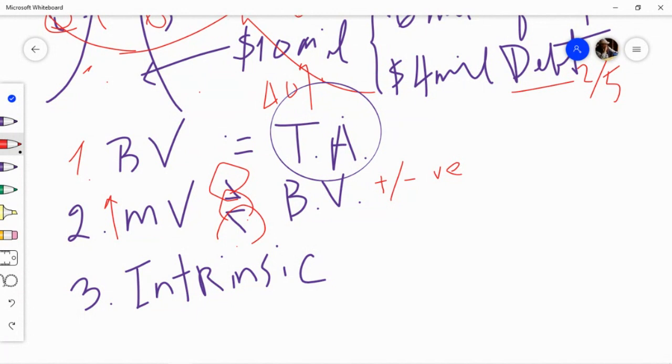There have been only two companies so far before Tesla, Apple and Amazon. Apple and Amazon are $2 trillion companies, meaning their market capitalization is above 2 trillion, right?